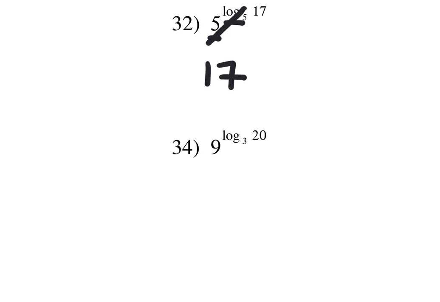So number 34, we encounter a problem, right? Because now the base and the log are not the same. So we can actually make 9 similar to log 3 by having the same base, by making it 3 squared, multiplied by log 3 of 20. Okay, so now what do we do? We use a property of logs to move the 2 over to the 20.